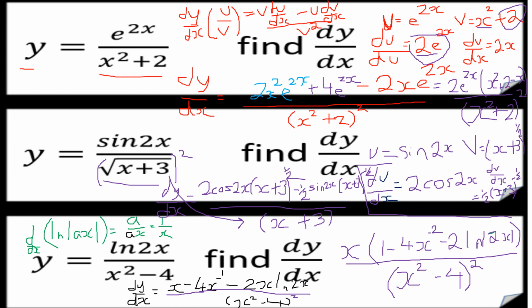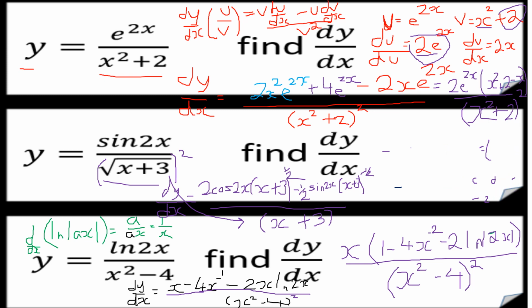Just to make clear, I'll delete this last part and factorize the numerator so you're happy with what it factorizes to, because it's a minus half there, by the way.